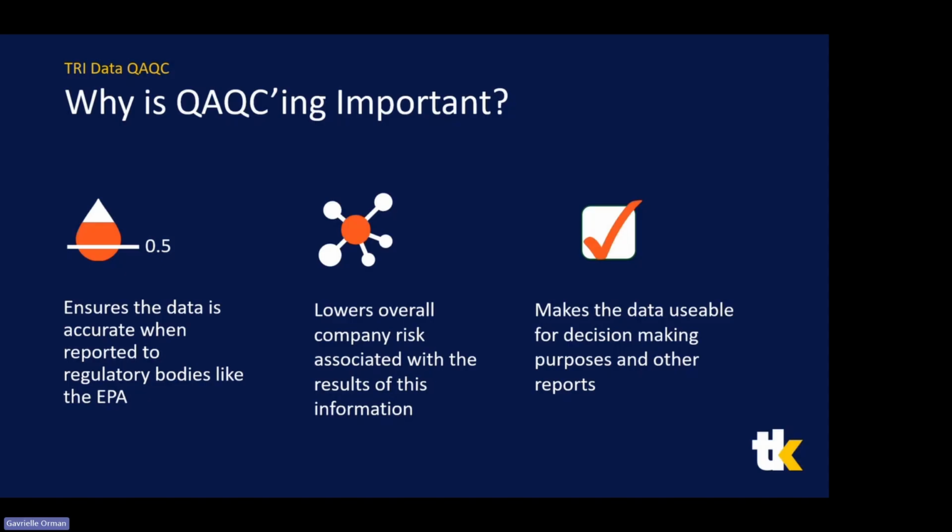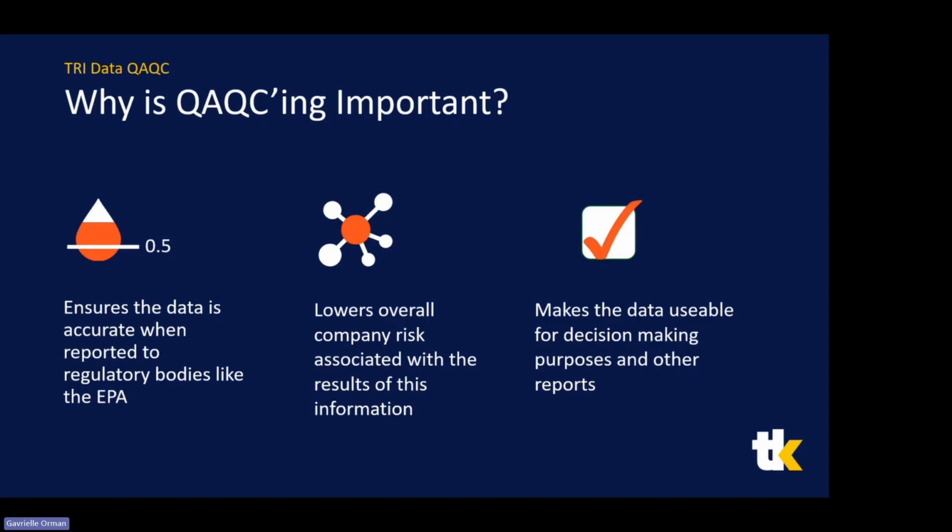It also makes your data usable for decision-making purposes and other reports. I've found through my years of consulting and working in environmental departments that TRI data is often very estimated or very stagnant. So you do this huge effort to get your TRI report done each year, and then the data just sits there.